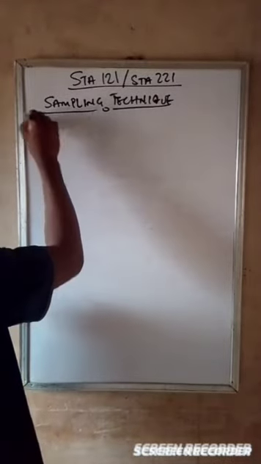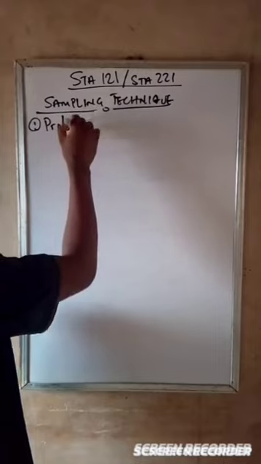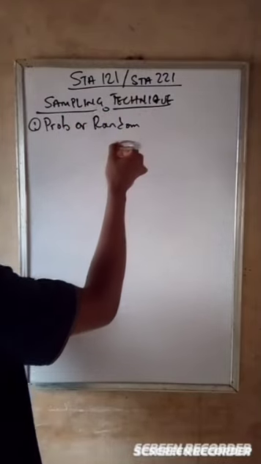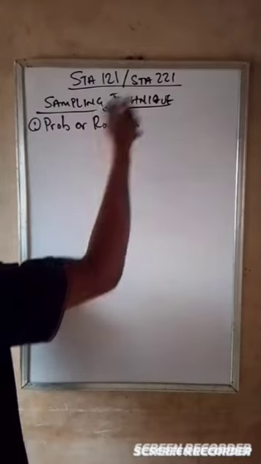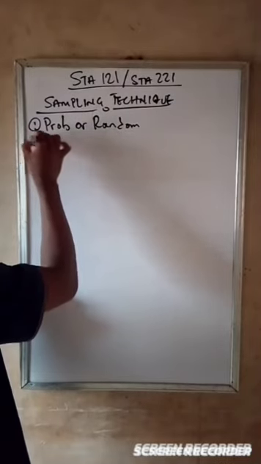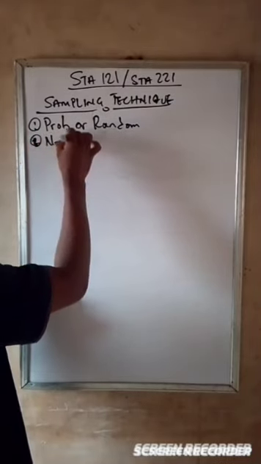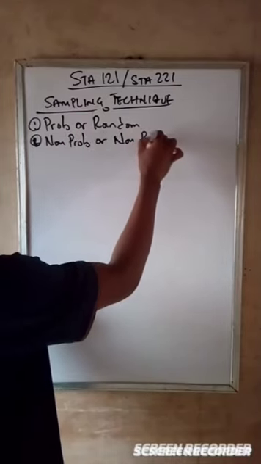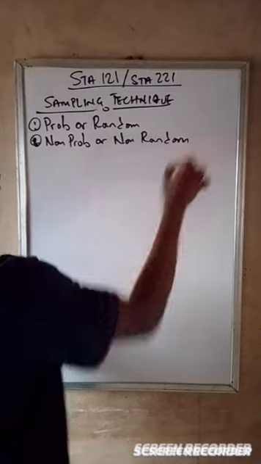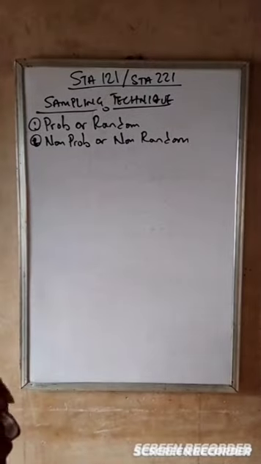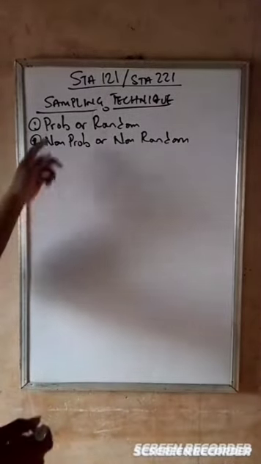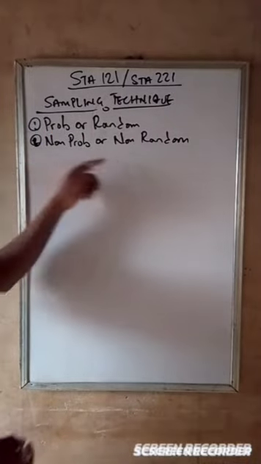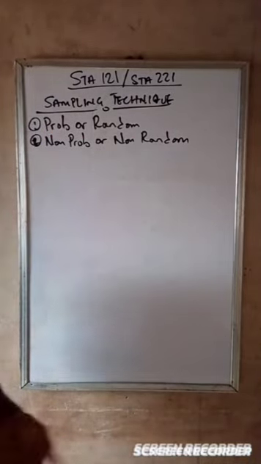We have the probability or the random technique. Then two, we have the non-probability or non-random technique. Okay. So now under this probability or random technique, we have various types. Likewise, under the non-probability or non-random.